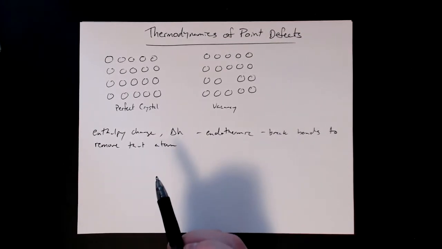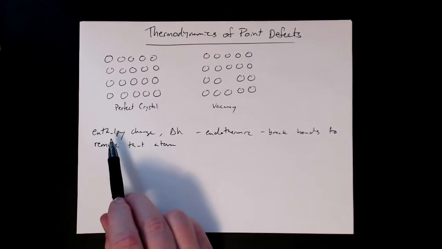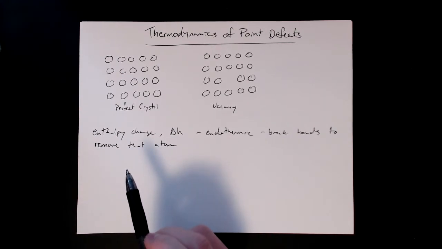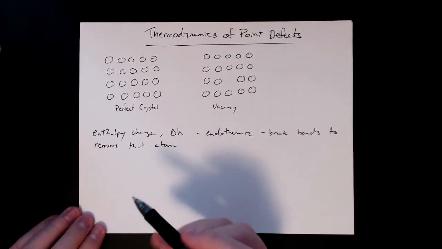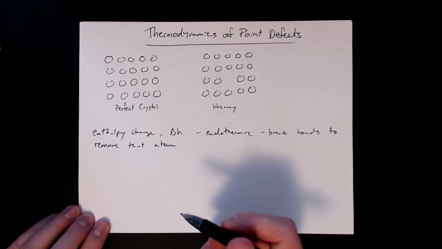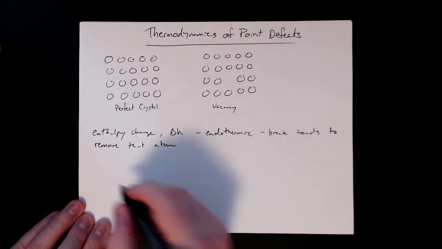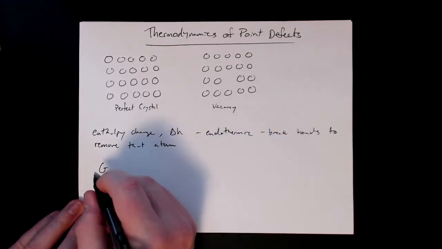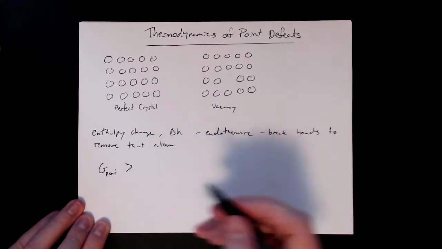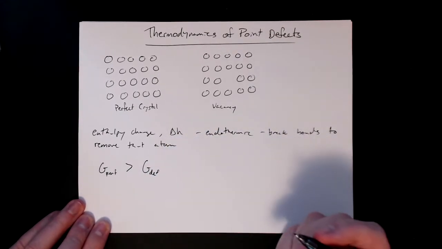So why does it occur? Again, we go back to it doesn't minimize enthalpy, it minimizes free energy because we have to consider entropy. And so with that, if a defective crystal is thermodynamically stable, then the G for the perfect crystal would be higher than the Gibbs free energy for the defective crystal.